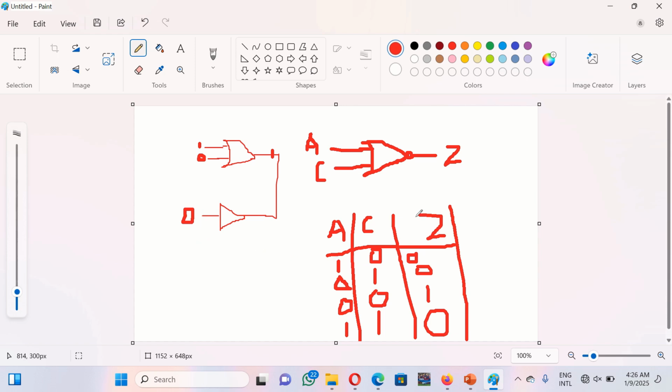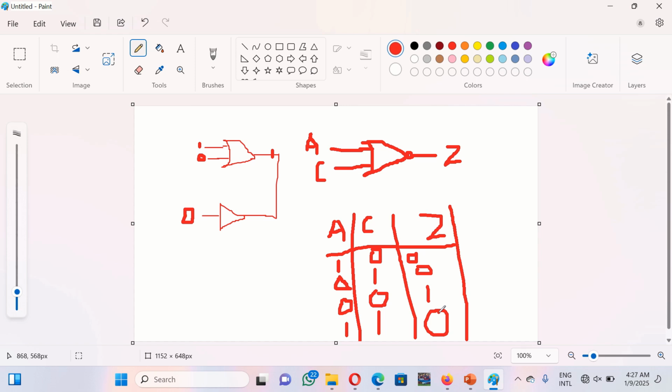So that gives us these answers. So input A 1001 and then C 0101 will give us an output of 0010. Okay, so this is how we solve this type of question.